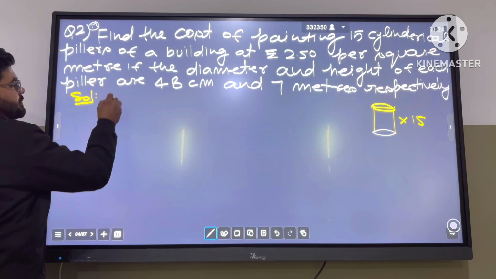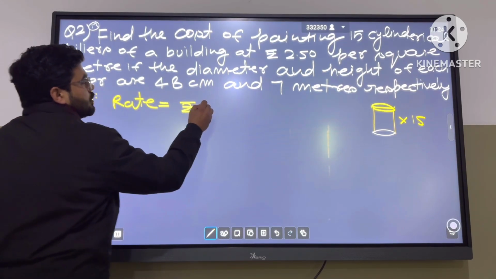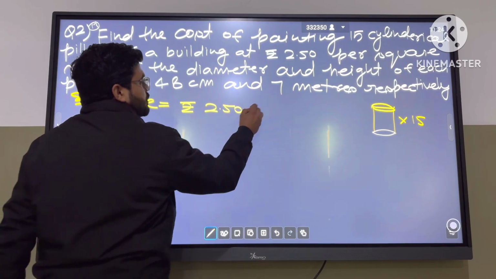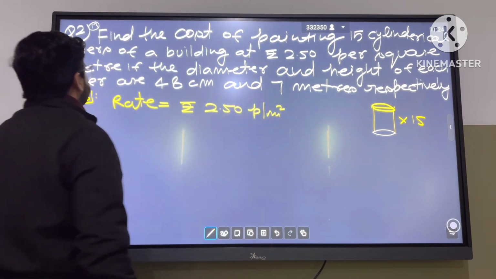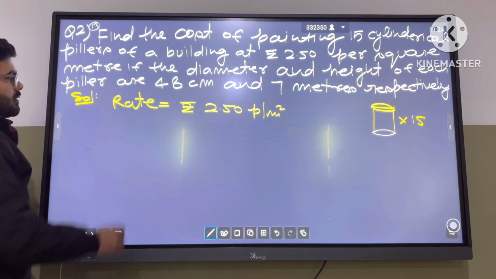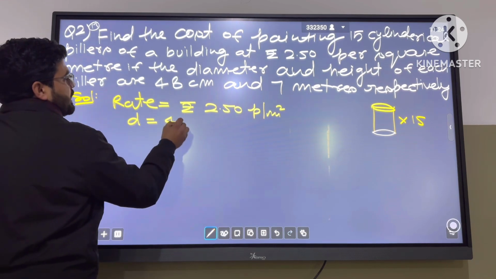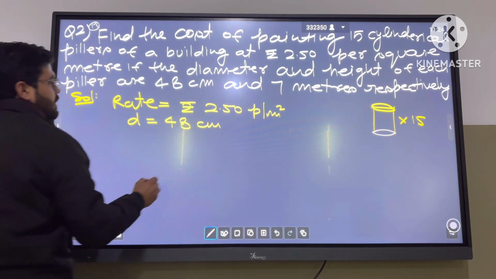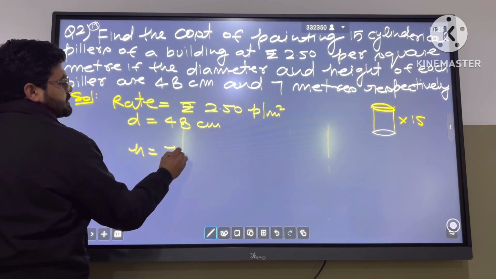This is the rate. If the diameter and height of each pillar are, diameter is equal to 48 centimeter and height is equal to 7 meter.